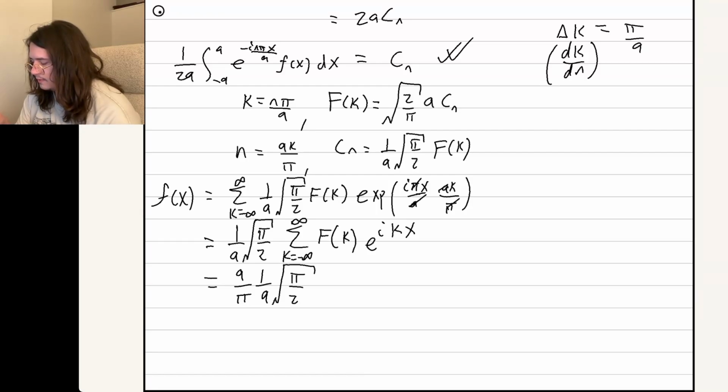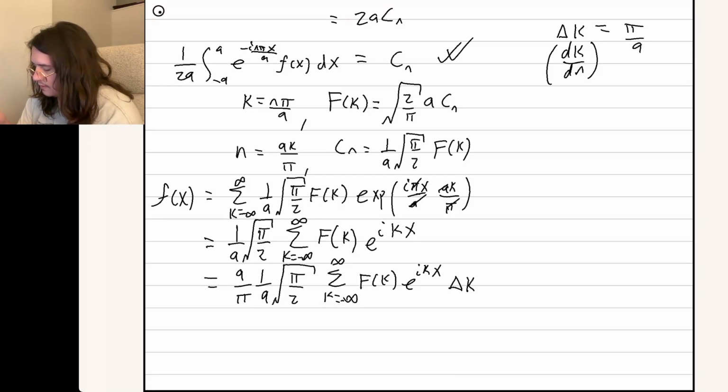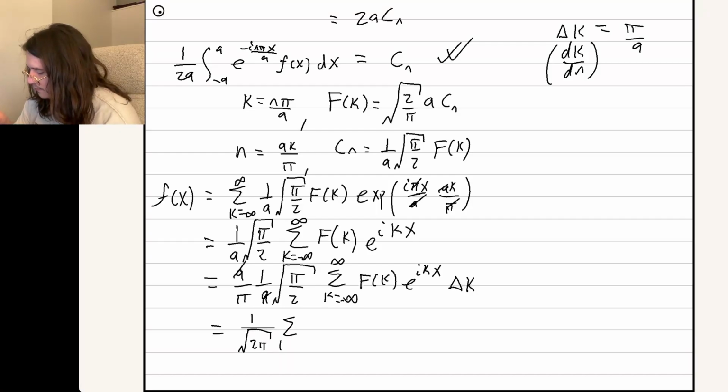So this is valid. And then the delta k will pull up in here. And then we get a nice bit of cancellation, and the radical of the pi just ends up being a radical on the bottom instead. And we have now the form that Griffiths wanted for this whole shebang.